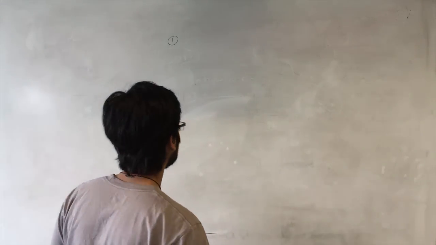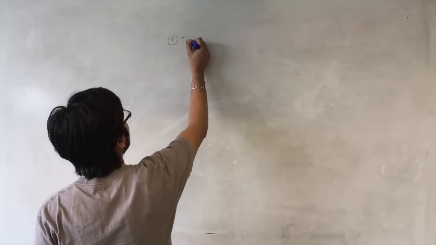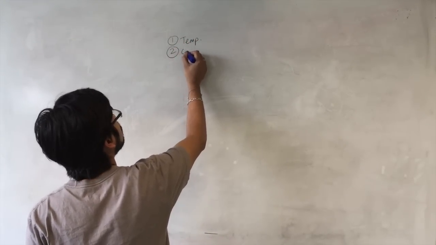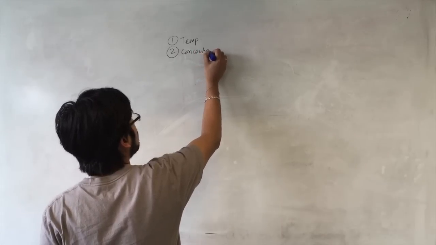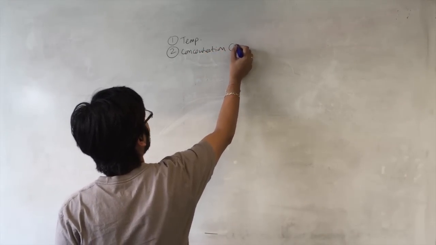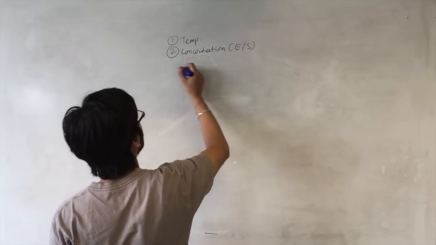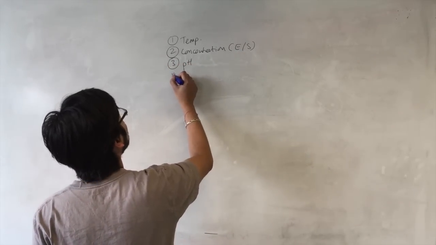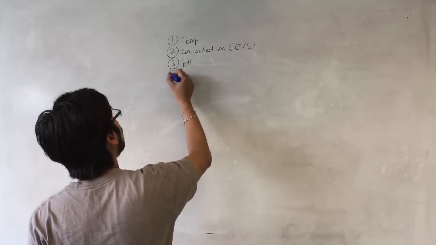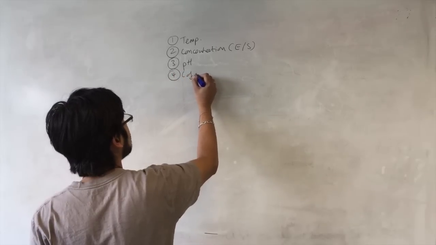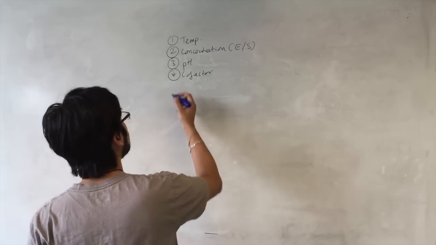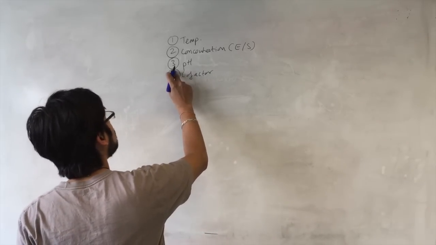So first, obviously, temperature. 2, concentration, either of the substrate or the enzyme. 3, we could have pH. 4, we could have a cofactor. Remember, that would be increasing the rate of a reaction if that enzyme needs it.